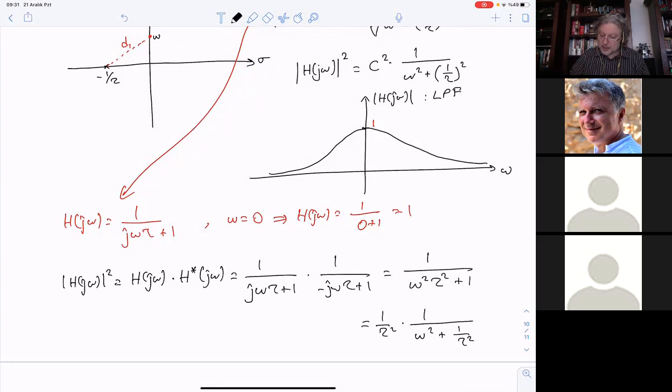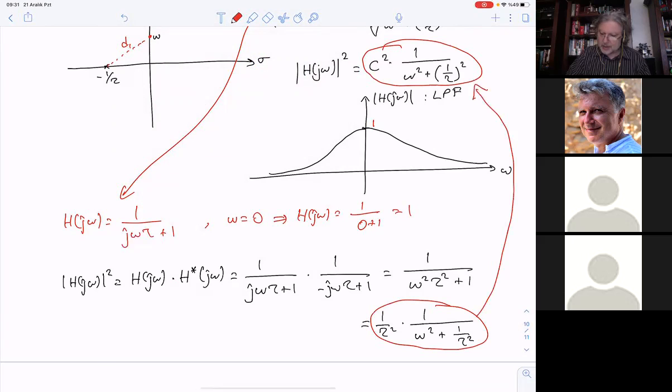Now, when I write it like this, you start seeing that this and this are the same. It also indicates that C is equal to 1 over tau.